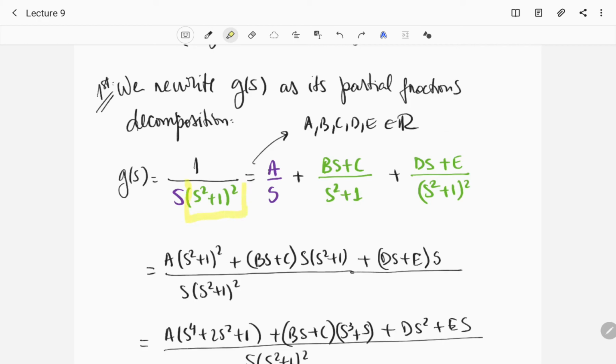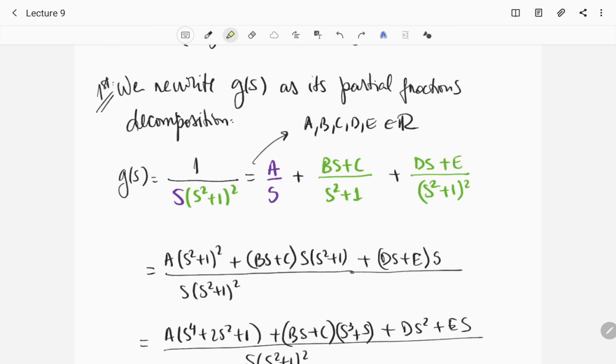And this polynomial will give us these two other terms. Since this is a quadratic polynomial with complex roots, instead of just a number here, we will have this linear combination, Bs plus C. And since we have a square here, we have this other term, Ds plus E over (s squared plus 1) squared.